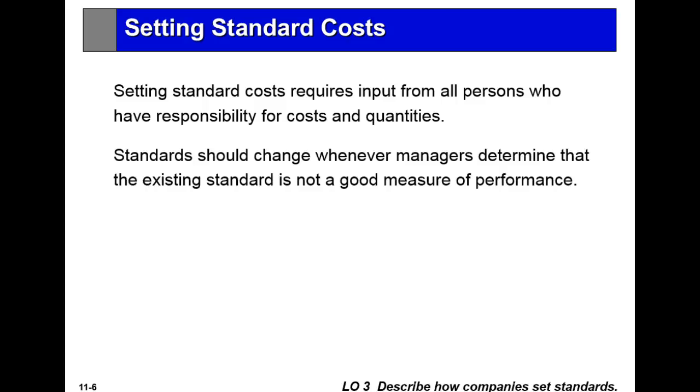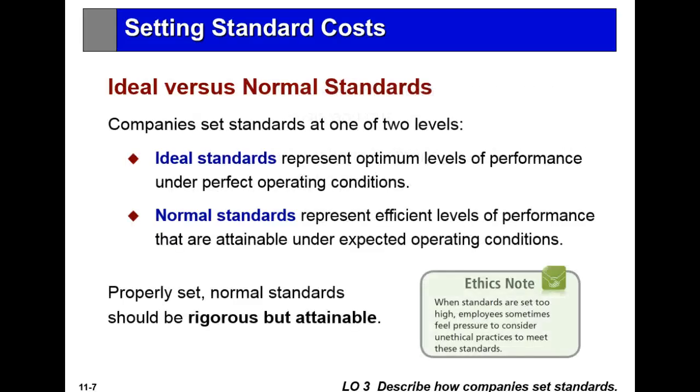So we're going to have standards as it relates to costs, and standards as it relates to quantities. Standards for both. There are ideal standards like 100% efficiency, 100% capacity, but then there's realistic standards. Ideal standards represent optimum levels of performance under precise, perfect operating conditions.